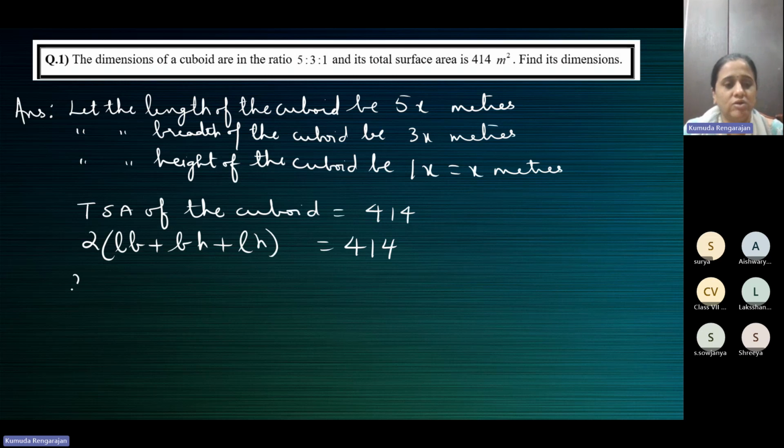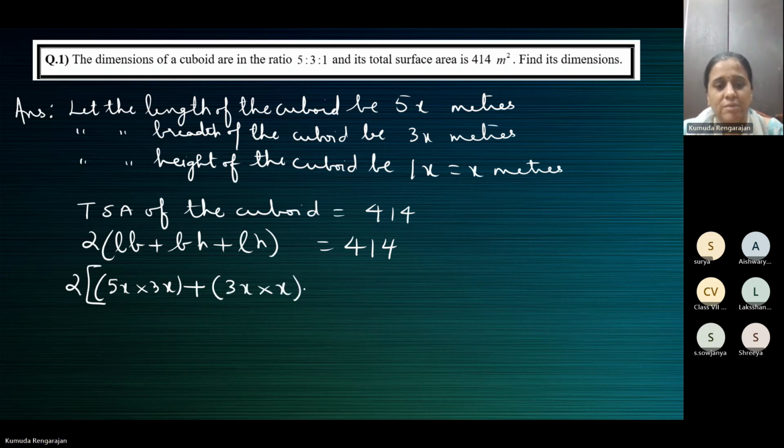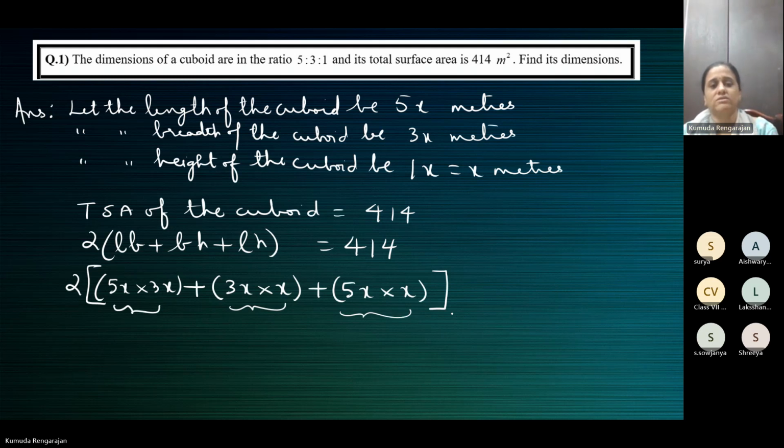So substitute: 2 of (L into B, 5x into 3x, plus B into H, 3x into x, plus L into H, 5x into x), is equal to 414. See the usage of the brackets, children.